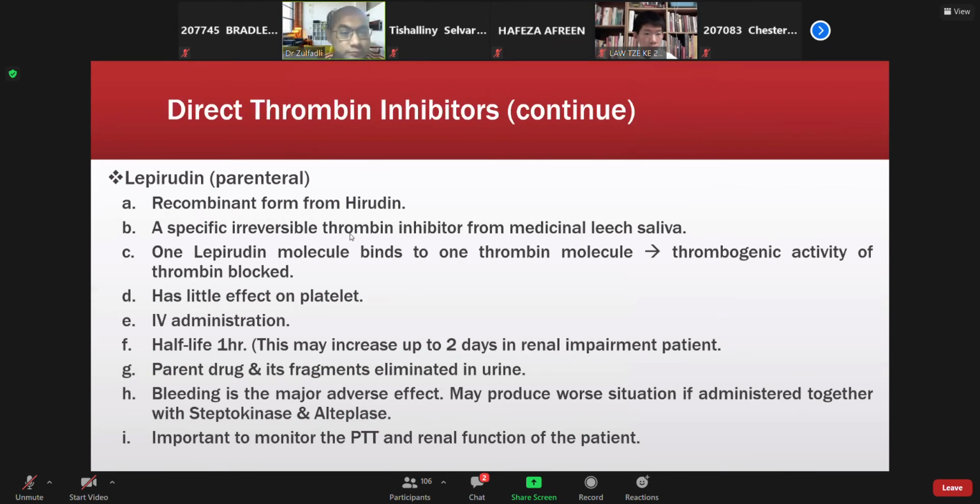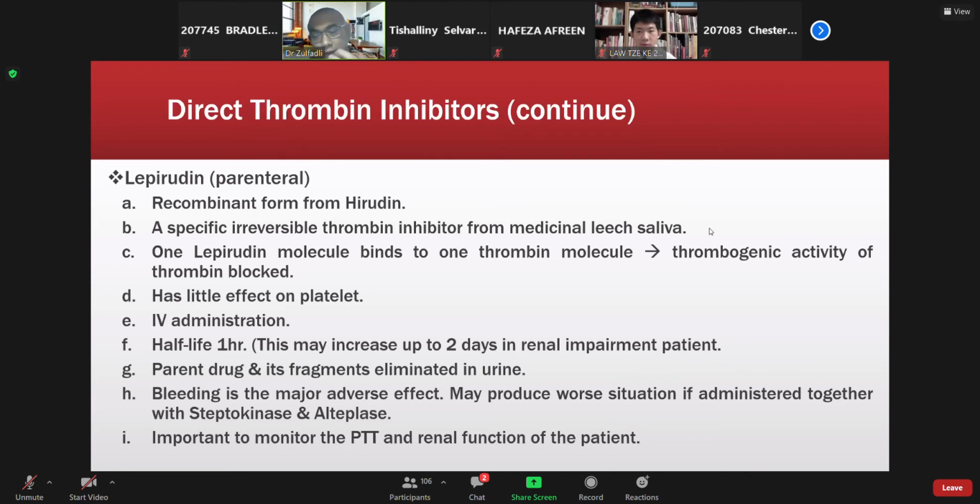Lepirudin is a recombinant from the hirudin. It's a specific irreversible thrombin inhibitor from a medicinal leech saliva. So leech, ni lintah kan. So you guys are familiar with the leech?